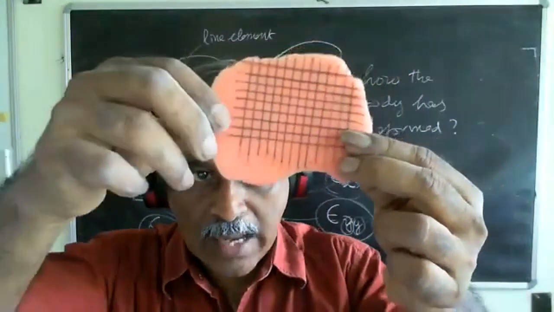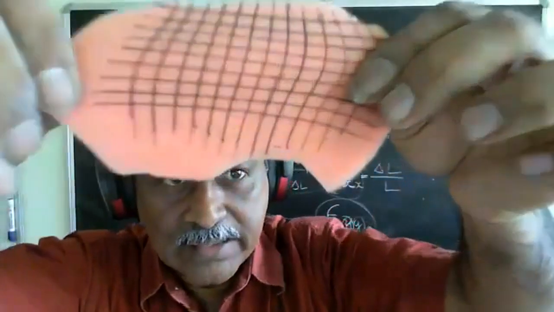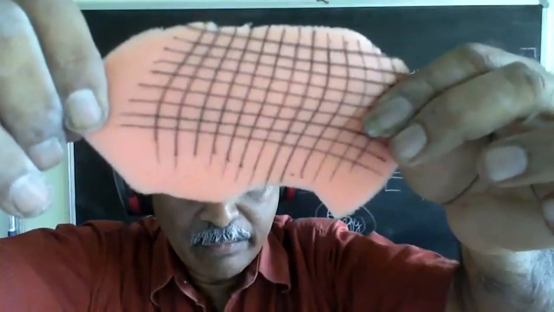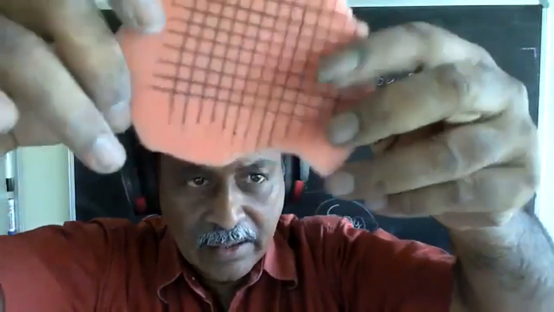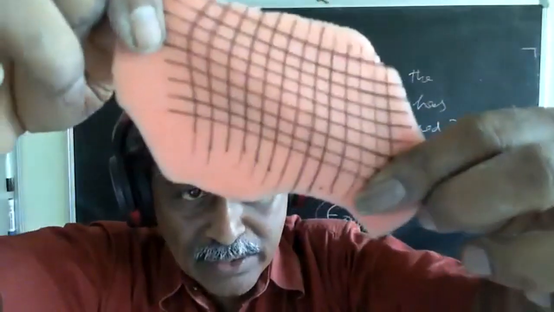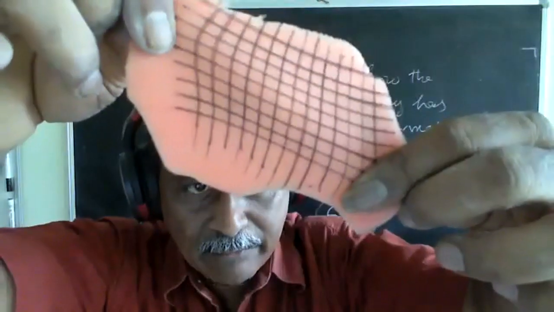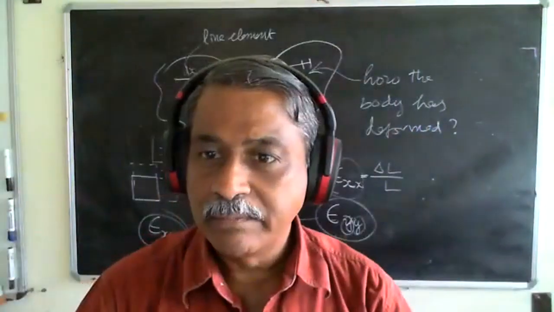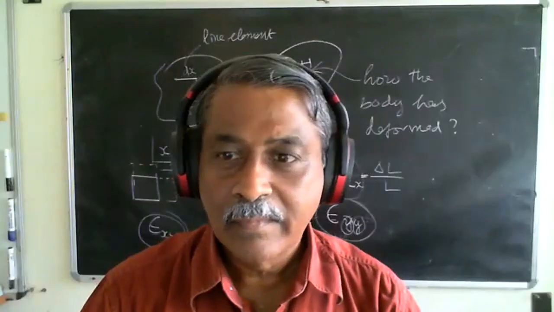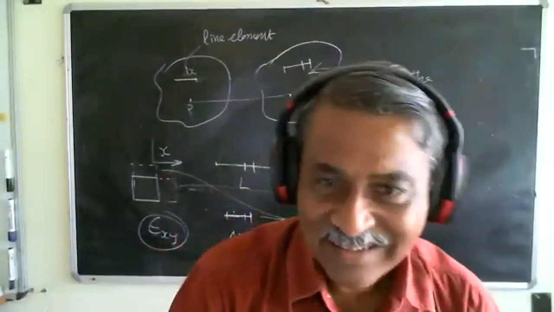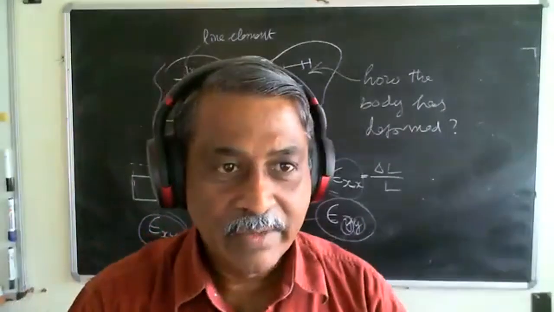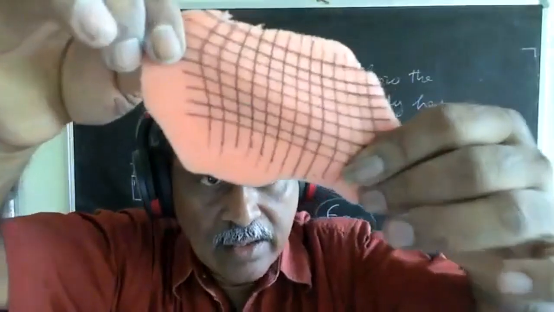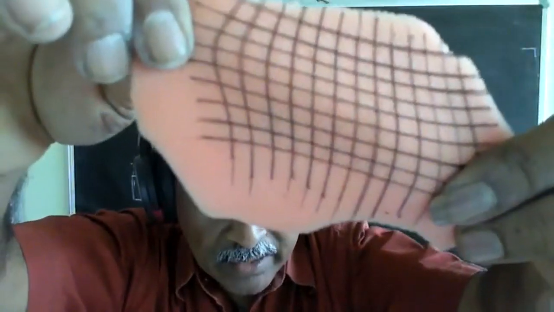As it deforms, you can see all those squares are there, but they have become rectangles, right? But they have also, instead of rectangles, now become parallelograms, right? And that's what I have to describe. This is a more general deformation that I can see, correct?